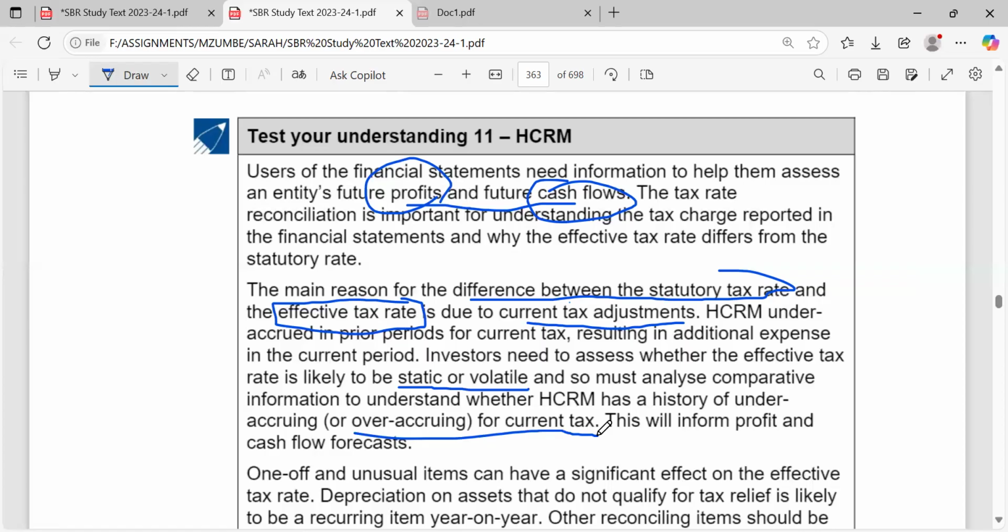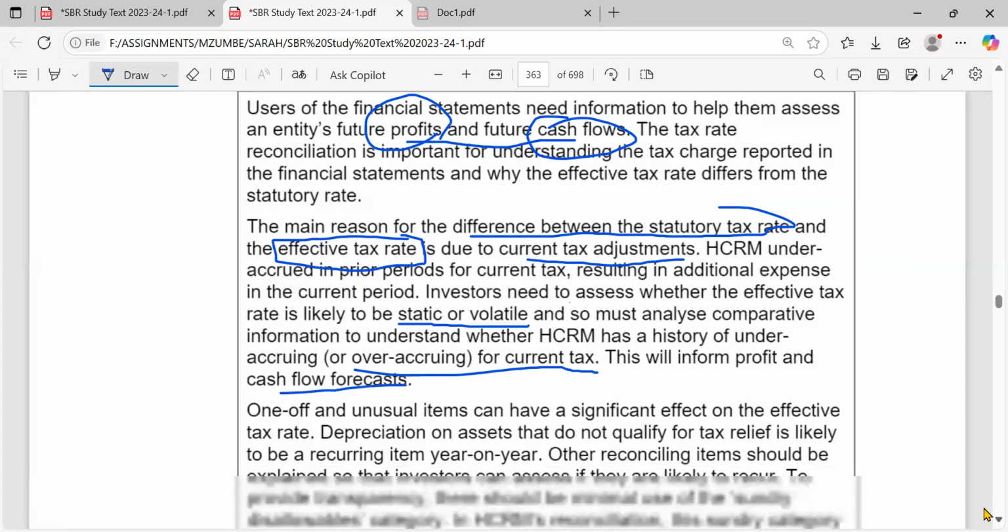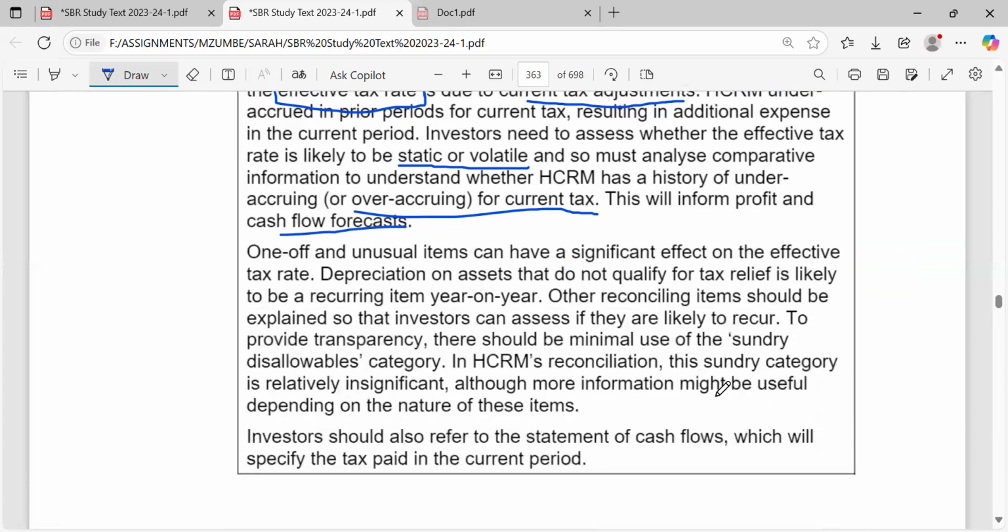So to get the picture of how this happens, investors or potential stakeholders should compare the results for several years to check on the reality. This will inform profit and cash flow forecasts to get a proper view. That's the important thing you needed to know here.